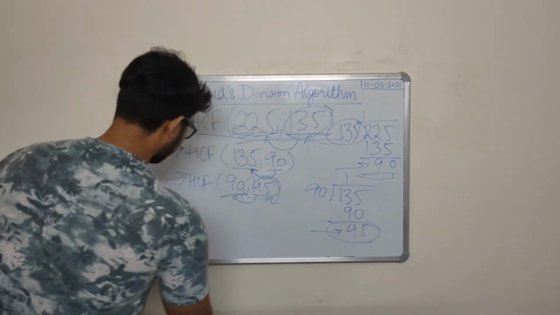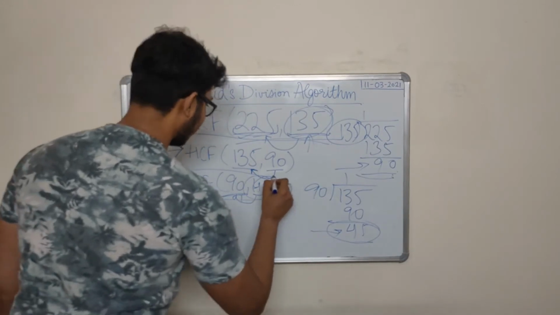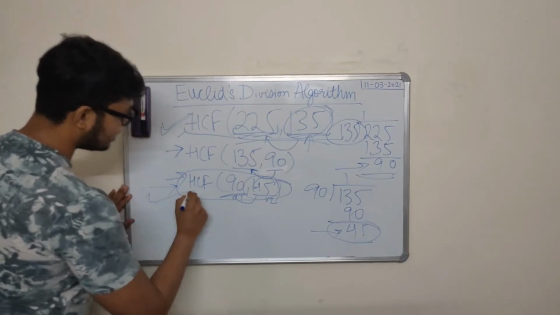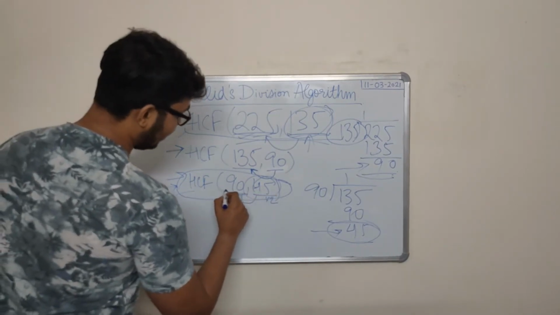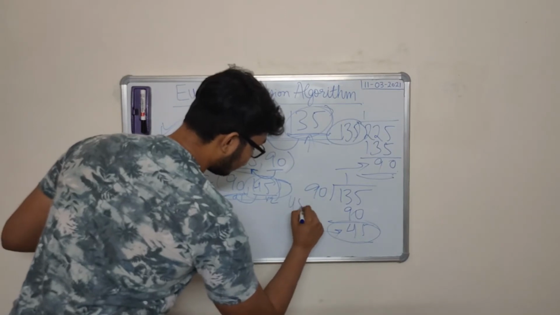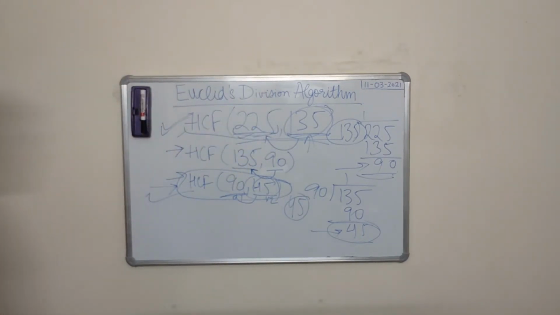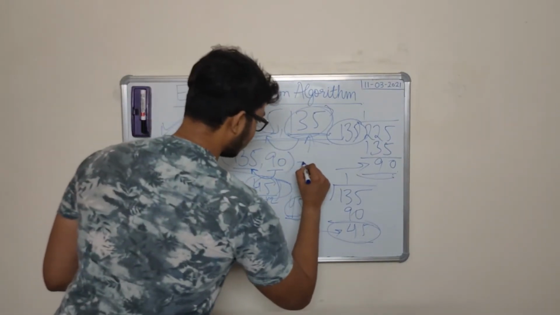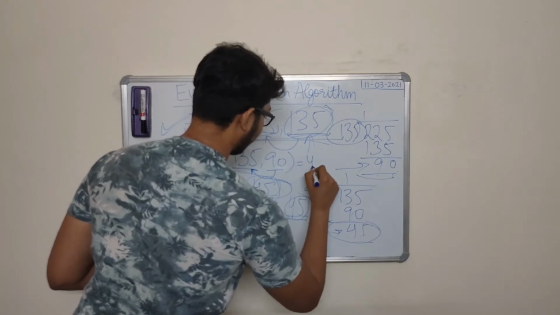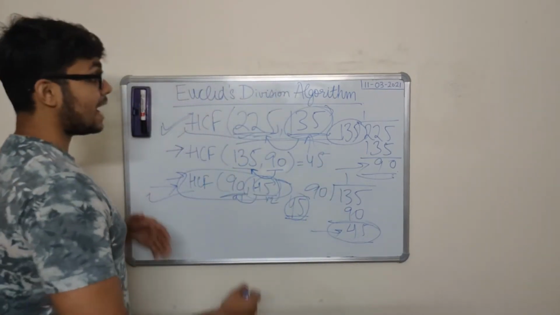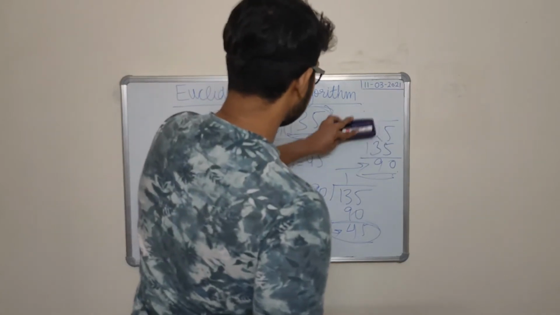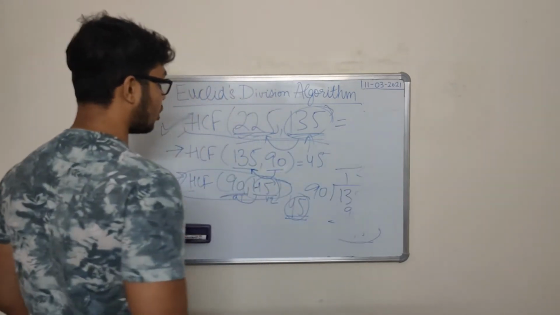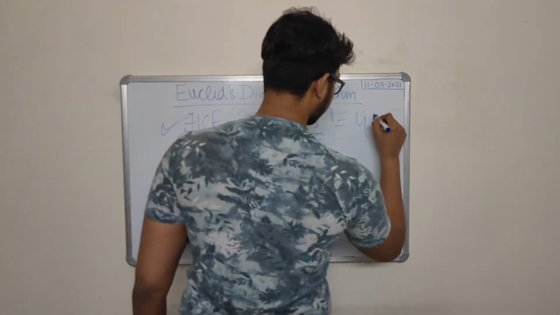So for this problem here, just ignore that part, only focus on this one. The common factor for 90 and 45 is actually 45, and to our surprise 45 is also the HCF for 135 and 90, and yet again it is a common factor and actually the highest common factor for these two numbers.